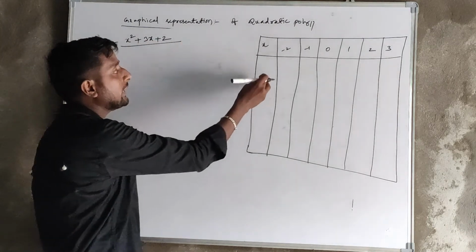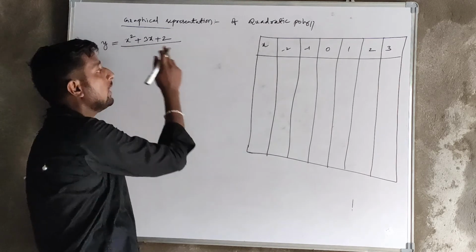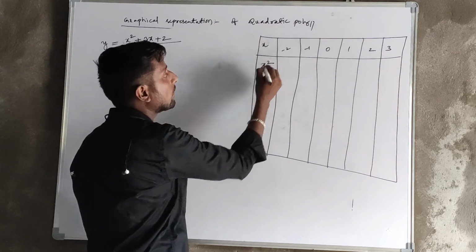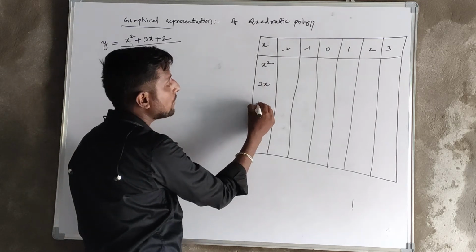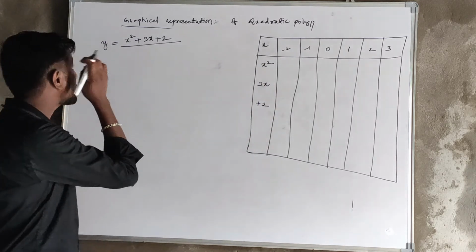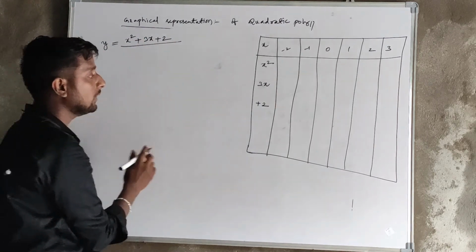These three terms are written in the tabular form. First one, x square. Second one, 3x. Third one, plus 2. What does the equation tell? We know the sum of these all is equal to y. Am I right?